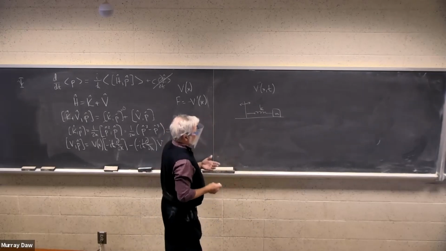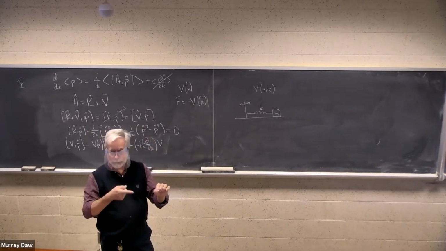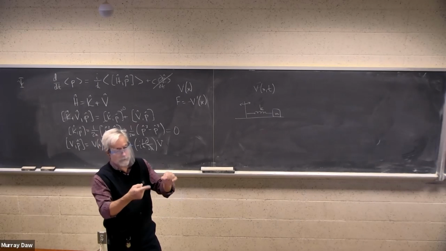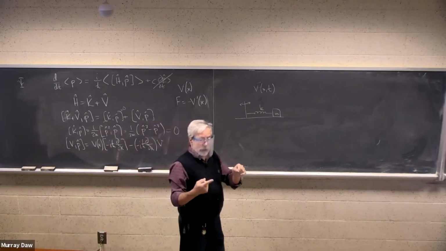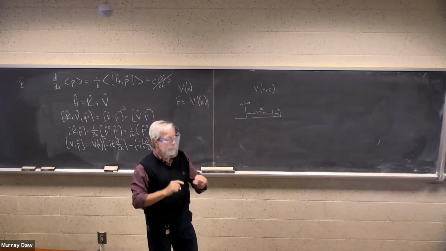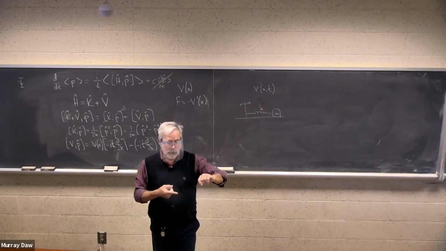Another case would be if you have an electron orbiting a proton, and you have an electric field. So the hydrogen atom is inside of an electric field. If the electric field is oscillating, changing in time, then the potential energy associated with the electric field acting on the electron would be time dependent.